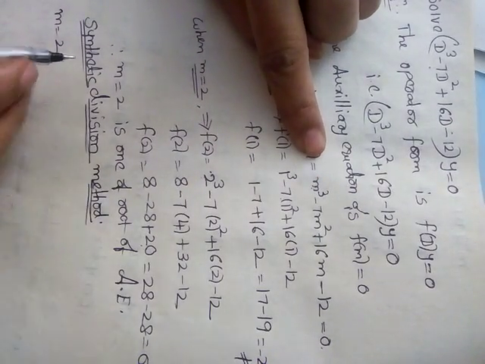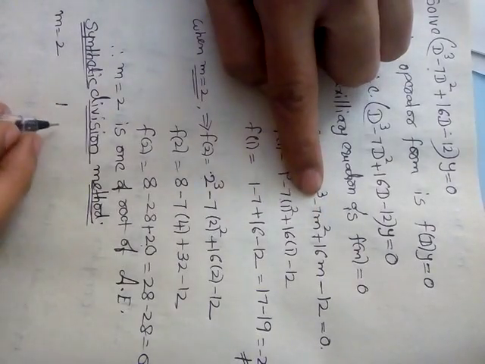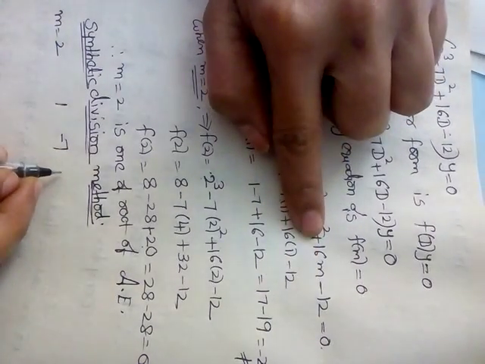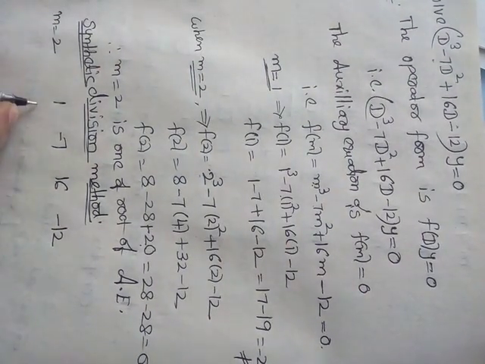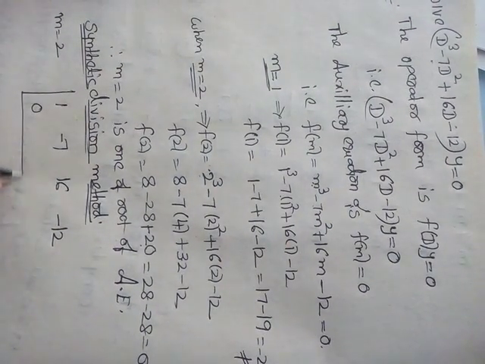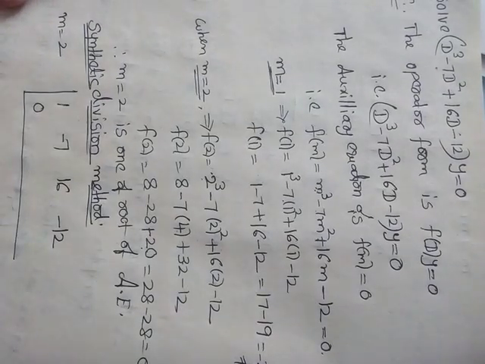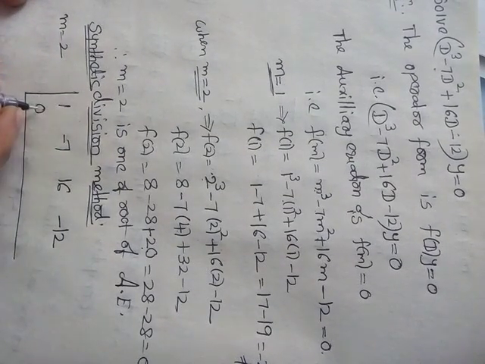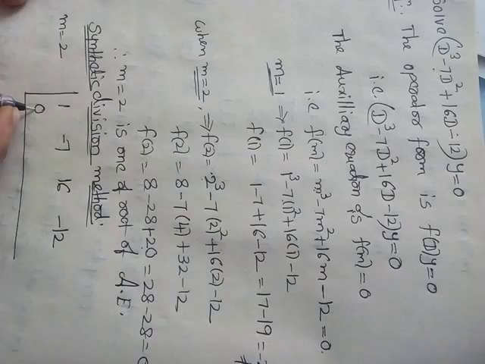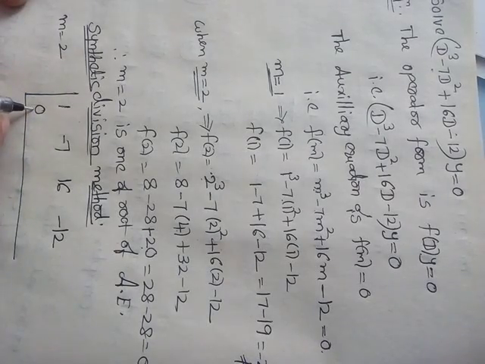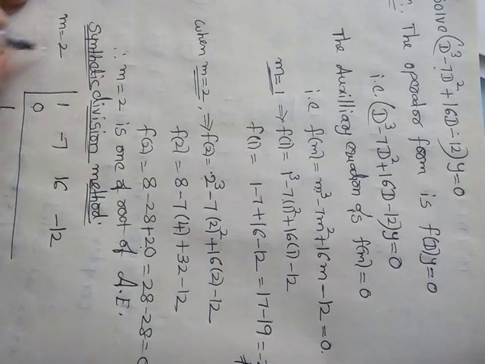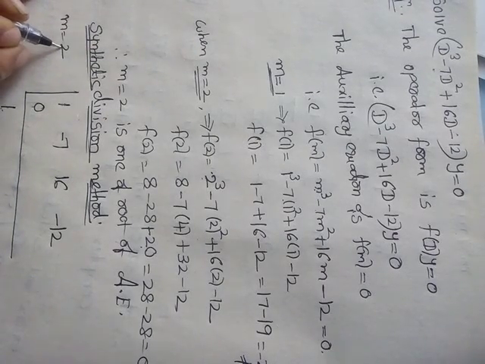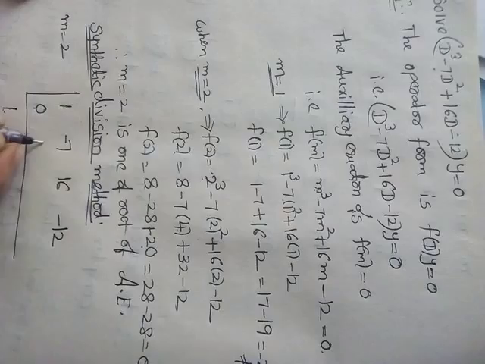M cube coefficient is 1, m square coefficient is minus 7, m coefficient is plus 16 and constant term is minus 12. Now first place we are taking 0, adding these two terms, 1 plus 0, 1. 1 is multiplied to 2, 1 into 2, 2.